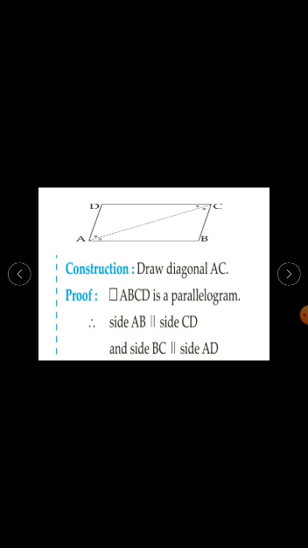On transversal AC, angle BAC is congruent to angle DCA. Why? Parallel lines, transversal. Which type of angles? Alternate angles. When lines are parallel, alternate angles are congruent. Reason is alternate angles theorem.